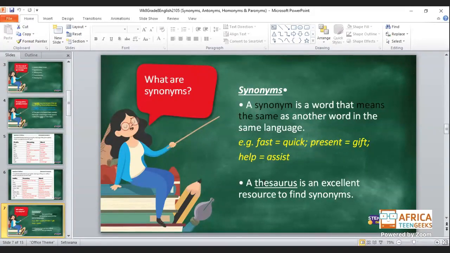But with a thesaurus, when you find that word, it will give you the word as well as other words which mean the same thing as the word you are looking for, right? So, for example, if you are looking for a synonym for the word beautiful, a thesaurus will tell you other words which mean the same as the word beautiful, right? So that is really how it works. Remember, the chat is open for your questions, your concerns, and everything.